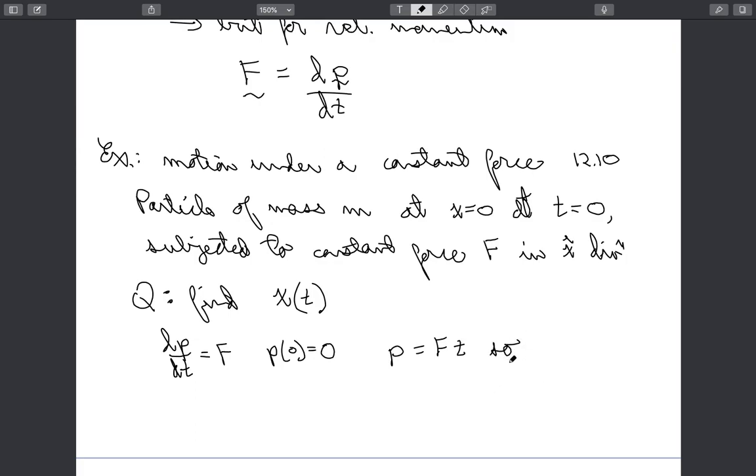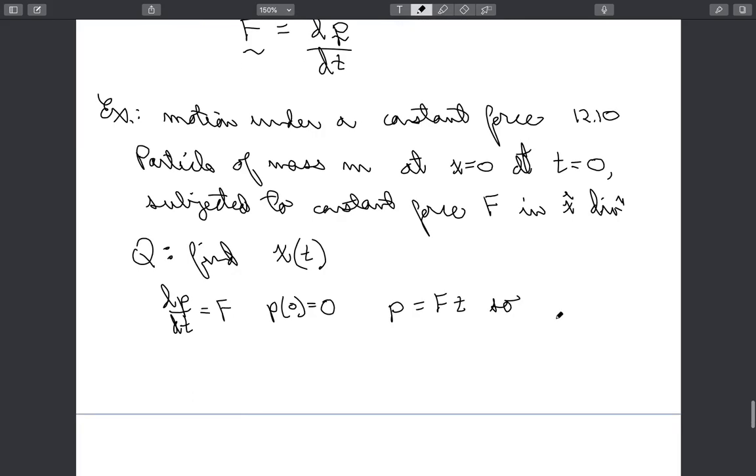Looking at our equation for the relativistic momentum, p of t is going to be m u of t over the square root of 1 minus u squared of t over c squared. Okay, and this has to be equal to F times t.